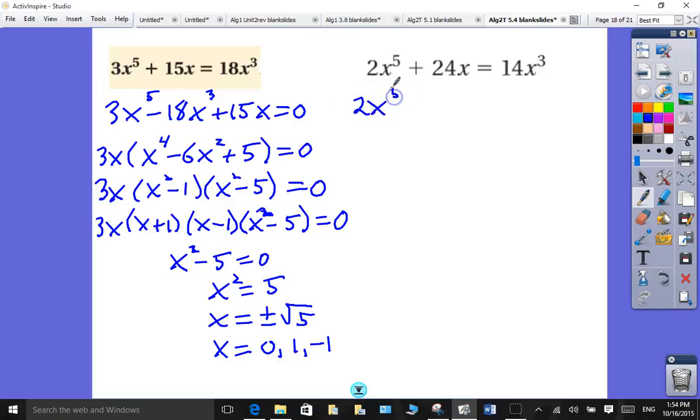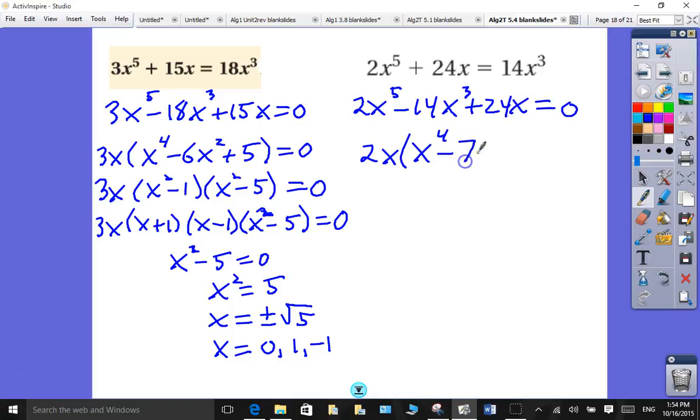2x to the fifth minus 14x to the third plus 24x. Factor out a 2x. Okay, so what's in parentheses is not a quadratic, right? But it should factor like a quadratic.